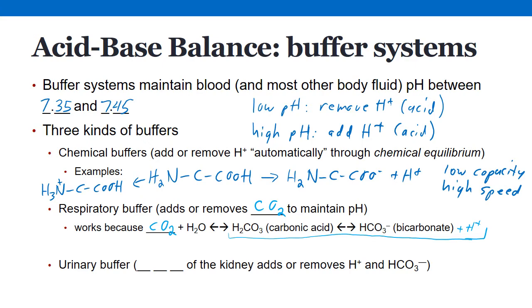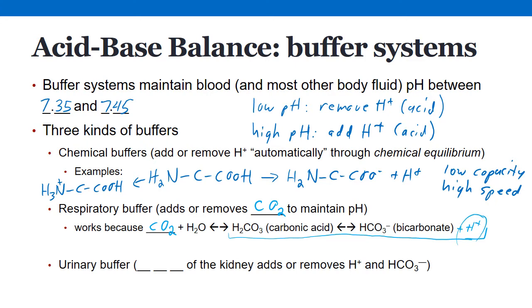And this works because CO2 plus water form more carbonic acid. So if your blood has become too acidic, you can breathe out more CO2, and that will shift this whole equation to the left, which will remove acid from your body.